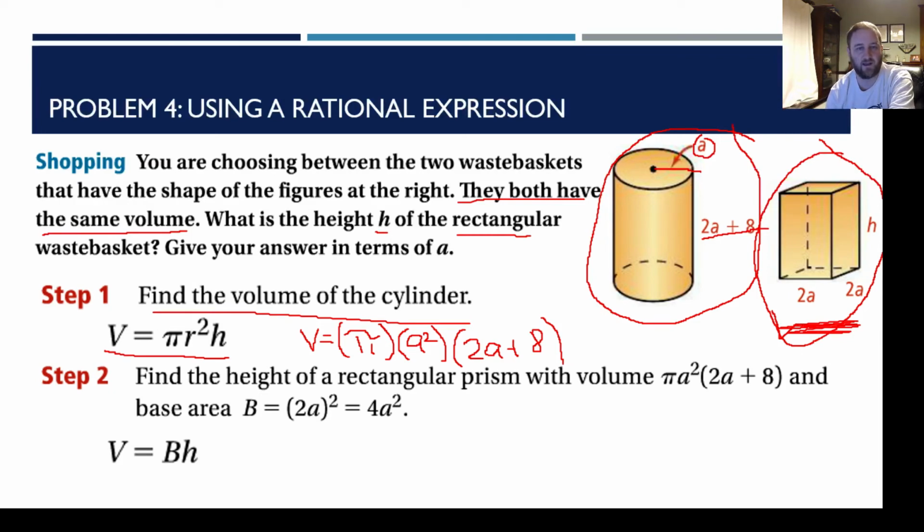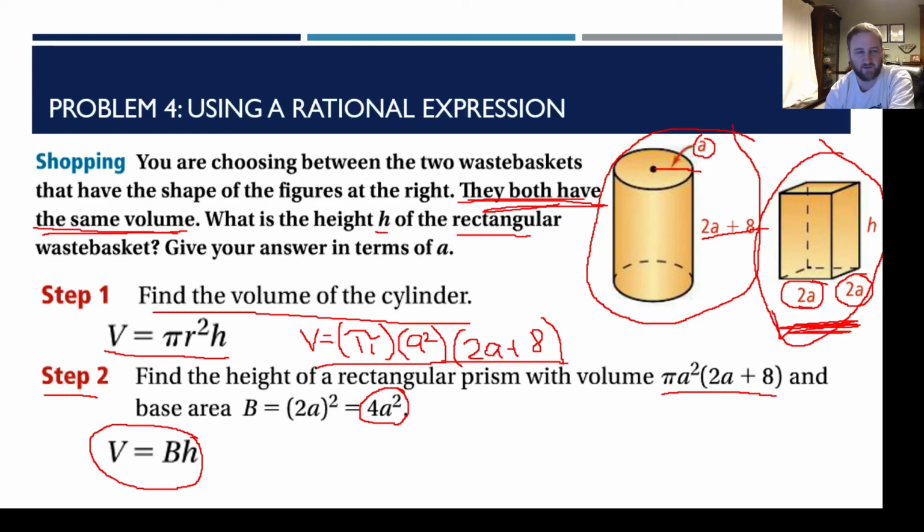And now it does say that they both have the same volume. So if the volume of the cylinder is this, that means the volume of the rectangular prism is also that. So step 2 here says find the height of the rectangular prism with the same volume, pi a squared times 2a plus 8. And then the base, remember the base is 2a times 2a, which is 4a squared. The volume for a rectangular prism is the base times the height.